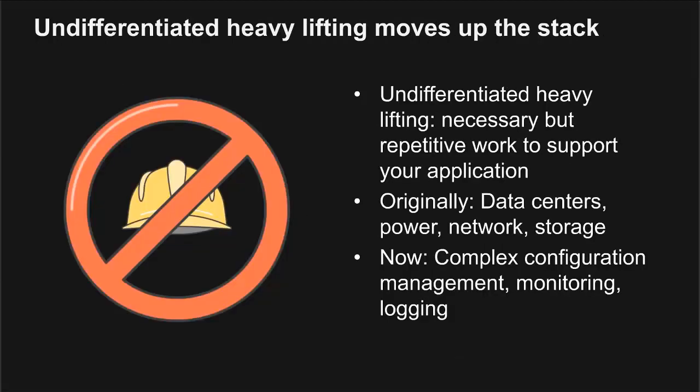So the end result of this is that you're taking the undifferentiated heavy lifting that used to be involved with provisioning your data centers, power, network, and storage, and moving it up the stack. So now you're doing this work, which is necessary but repetitive, but now you're working on your monitoring, your logging, and your configuration management, and it's all difficult, repetitive work.